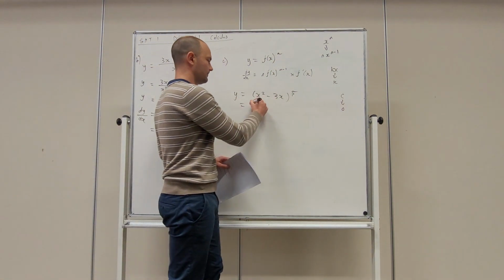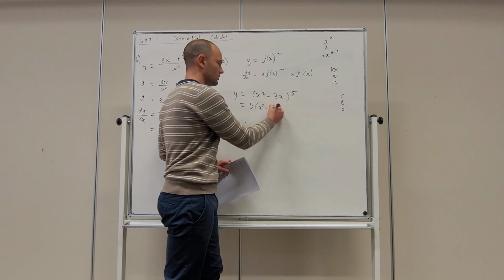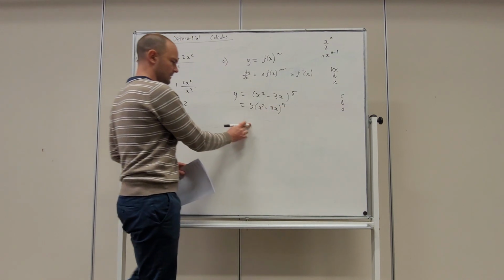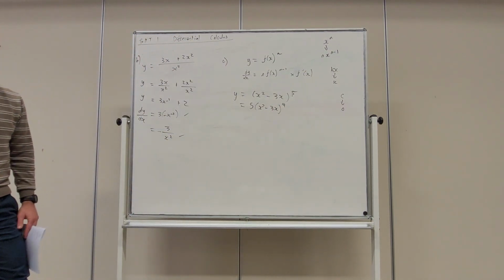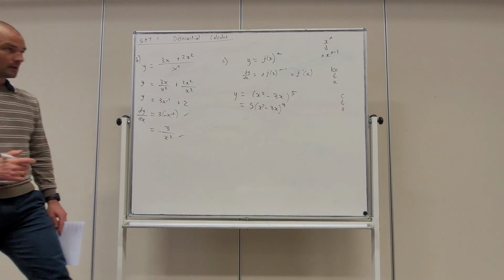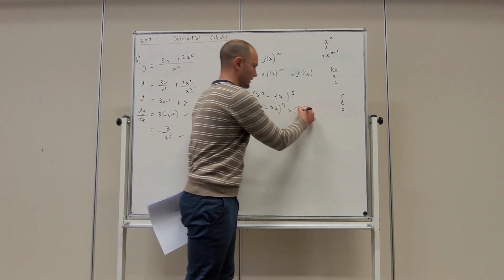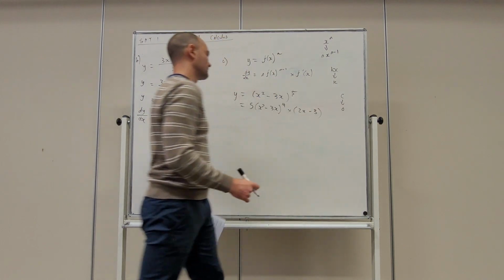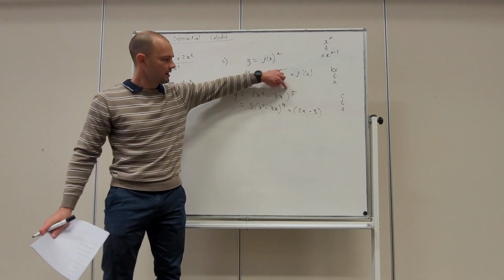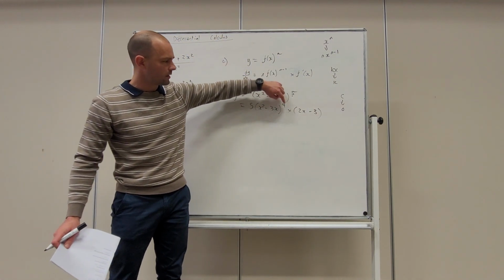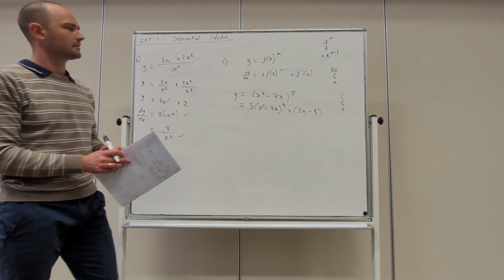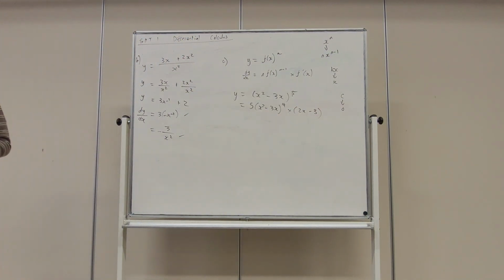So it's going to become 5 times the function to the power of 5 take 1, which is 4. So n f of x to the n take 1, and then multiplied by the derivative of the inside here, 2x take away 3. So n f of x to the n take 1 times f dash of x. 4 marks there.